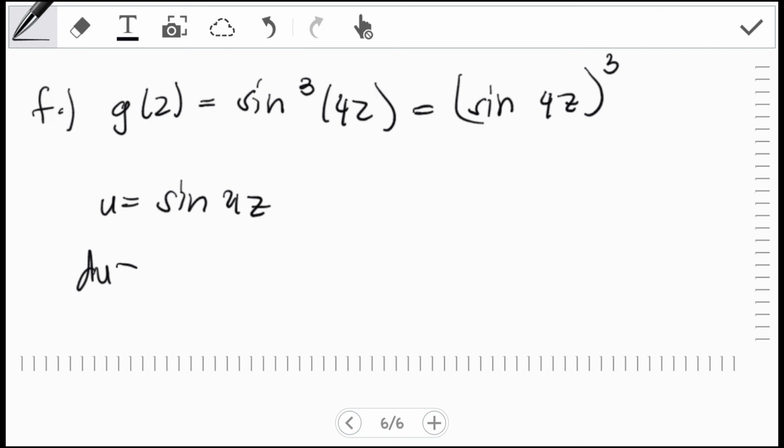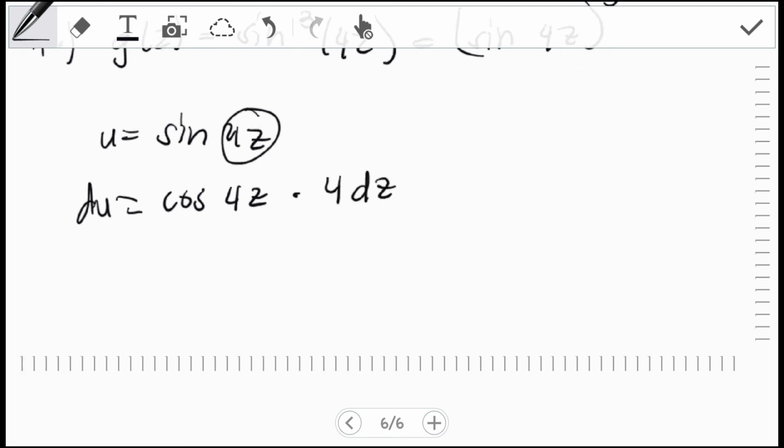Then du, the derivative of sine, take note, is cosine u du over dx. So therefore cosine 4z, the derivative of 4z, that is 4 dz. So du over dz is equal to 4 cosine 4z.